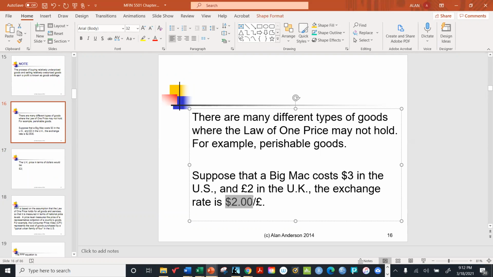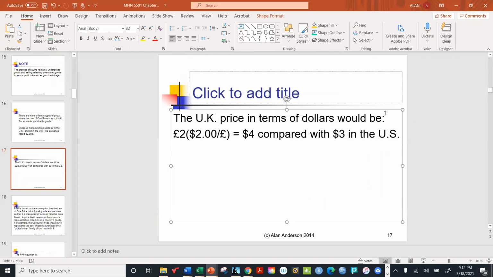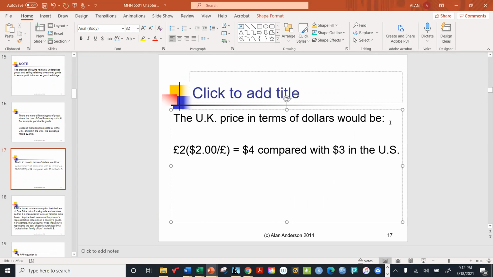That would be an implied price of $4 in the UK, compared with $3 in the United States. Okay, so like with the gold, there's a discrepancy in the prices between the two countries.